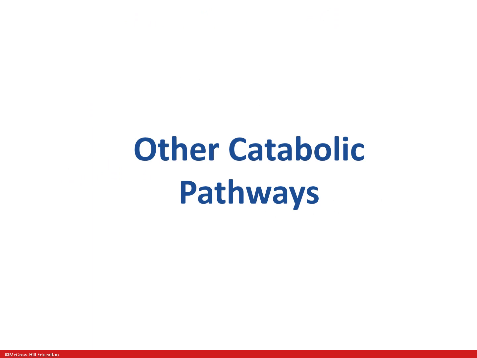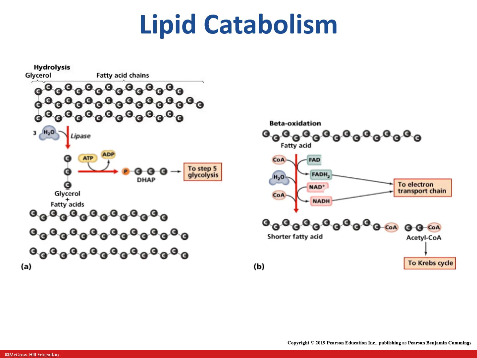So again, we mentioned glucose is not the only molecule that your cells can use for energy. If we want to break down other molecules, we've got to do a little bit of change to that molecule so it looks like something that fits into the glucose pathway. And so lipids, of course, carry a lot of energy because of the way that they slip into the glucose pathway.